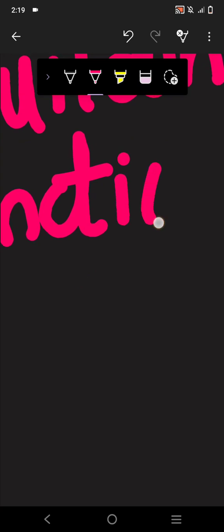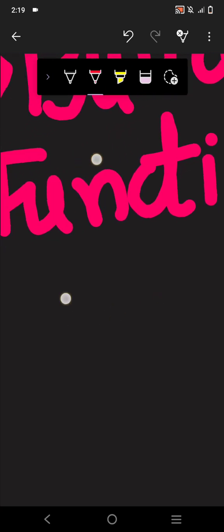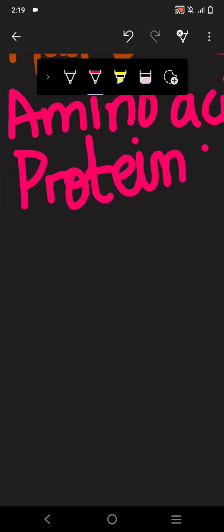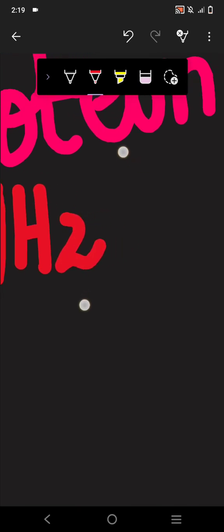Which functional groups are attached? First of all, the basic amino group, that is NH2, and the carboxylic group, whose general formula is COOH. This is what the amino acid is made up of.